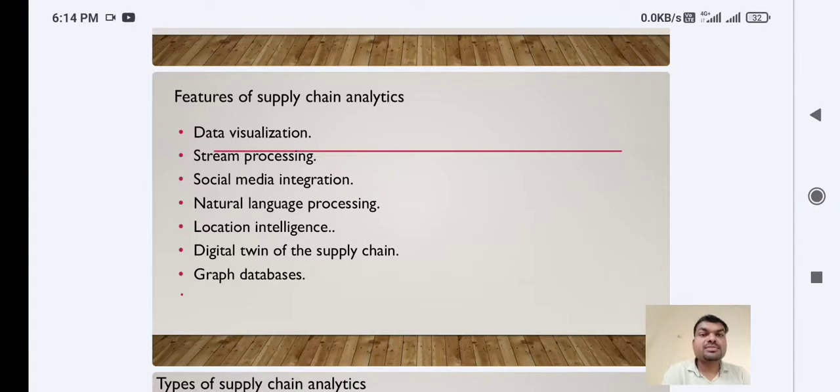Stream processing means we can analyze how the process is going on in the supply chain. Social media integration means we get social media involvement and related factors through supply chain analytics.